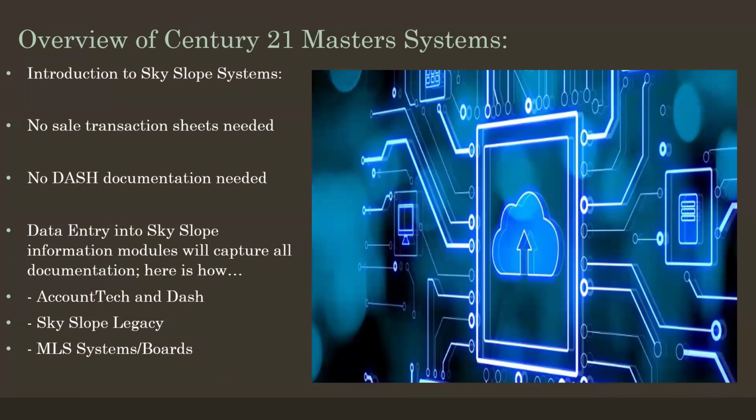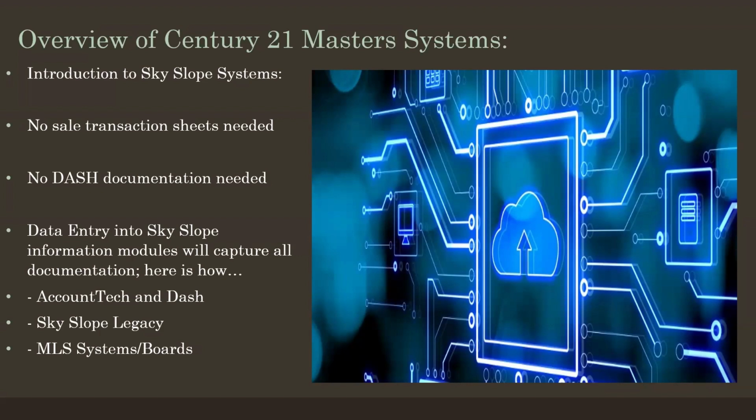We have our repository, which is the Skyslope, and those systems talk to each other. They also talk to the MLS boards, the MLS systems, and moving forward, they will also be talking to CAR forms, the California Association of Realtors, best known as CAR forms or zip forms.